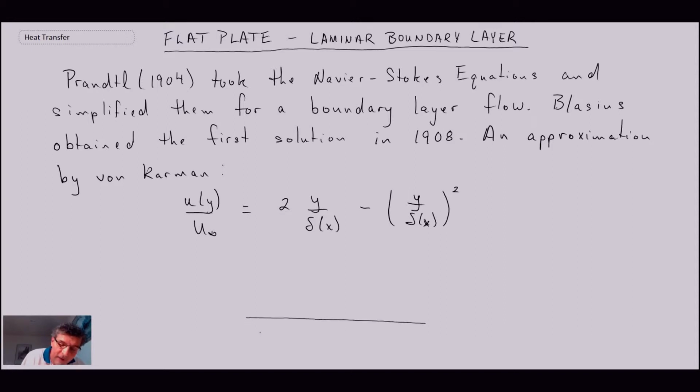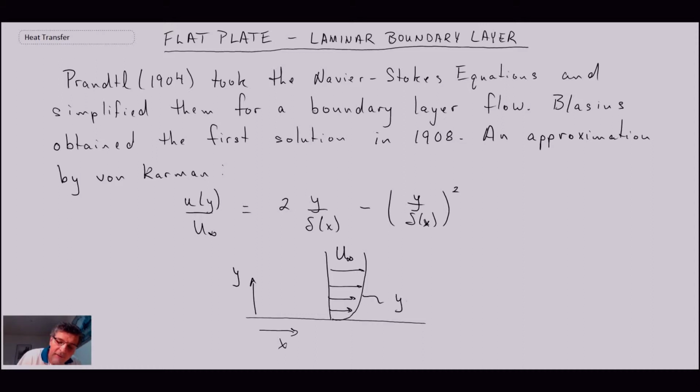Here's our flat plate. Remember, x is going in the direction of the flow. y, when we're looking at boundary layers, is always normal to the plate. And then we have our delta of x and our velocity profile. Once we get out into the free stream, we get to u infinity.